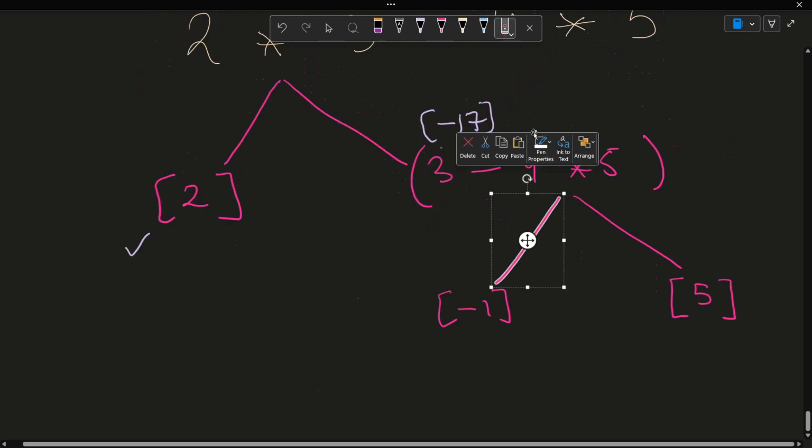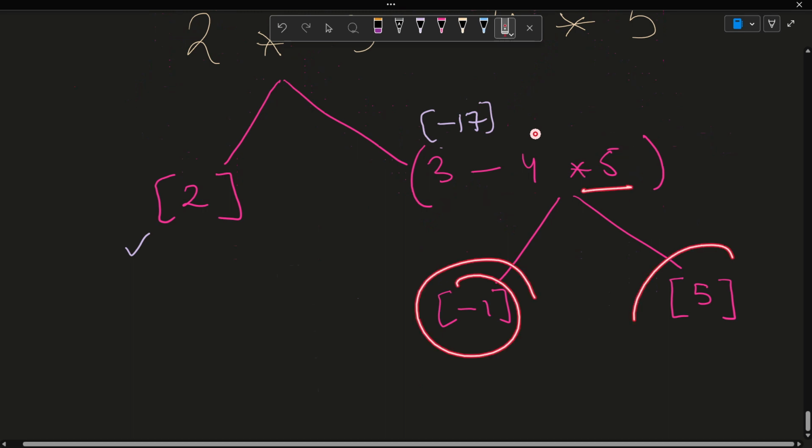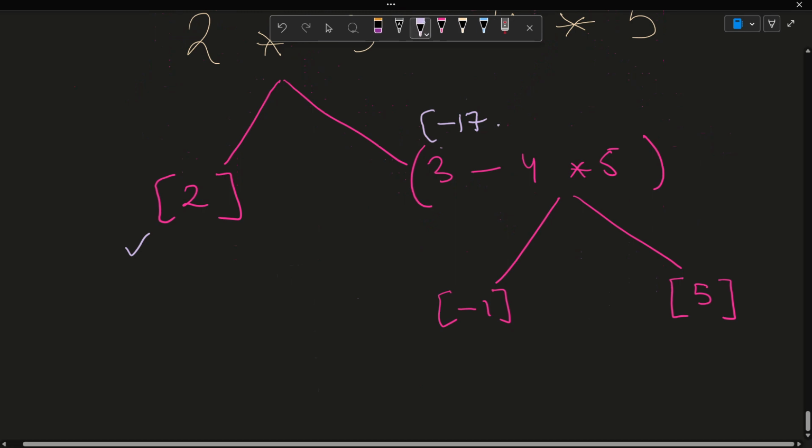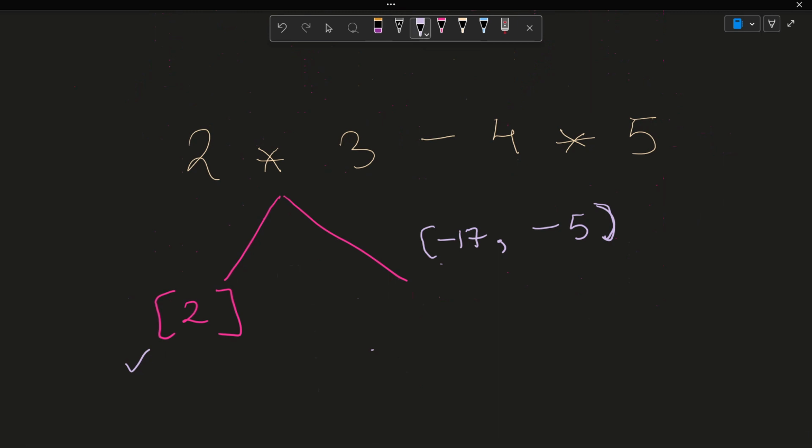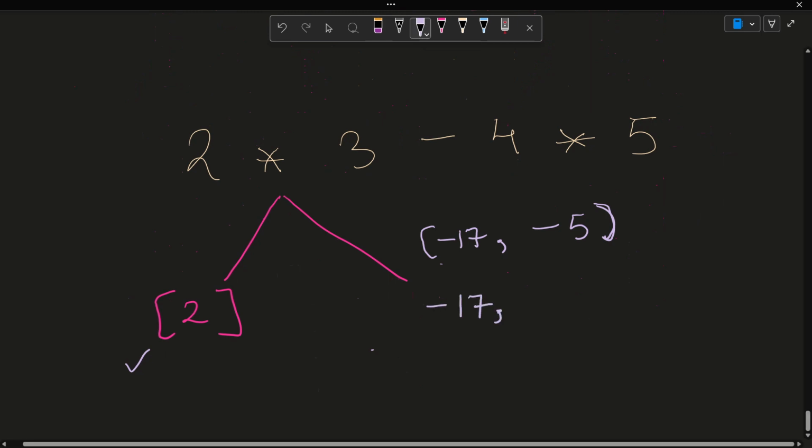Now given this, you technically have the solution for this part and this part. So minus 1 times 5, this is what you get. So a possible answer for this would also be minus 17, and this minus 1 times 5, which is actually minus 5. Okay, we are good till now. If you observe, I can just remove this and write minus 17, minus 5, and this is my list.